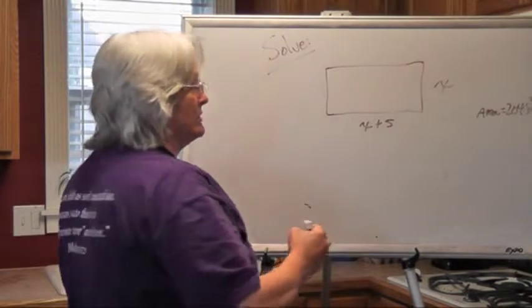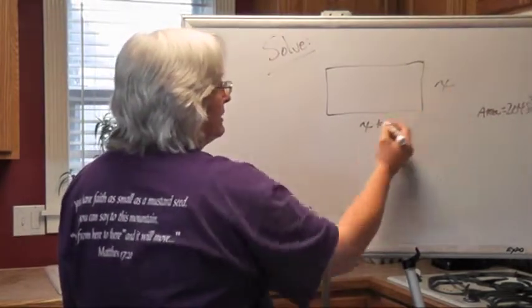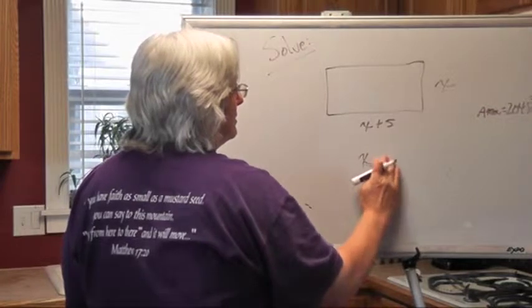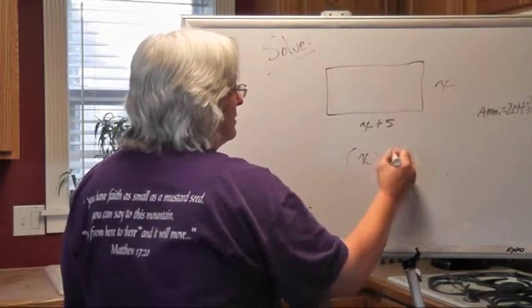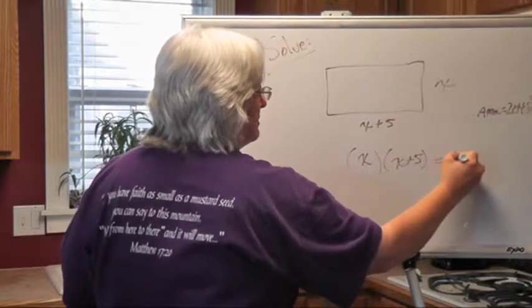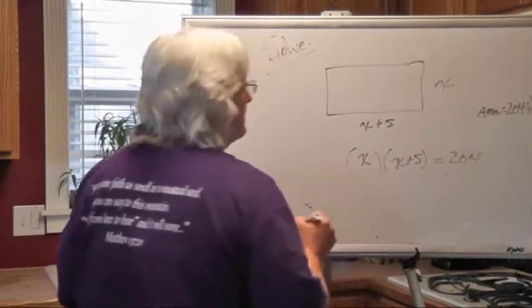Area of a rectangle is length times width, or width times length. So you have x times x plus 5 is equal to 204.